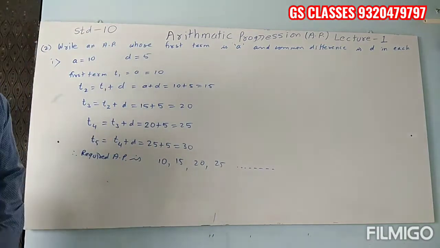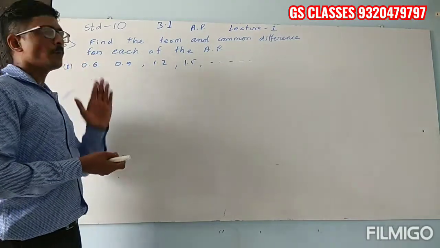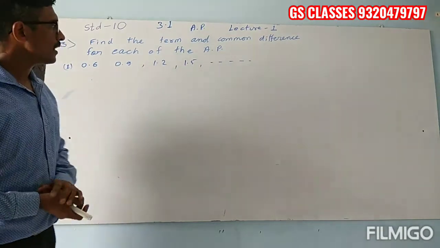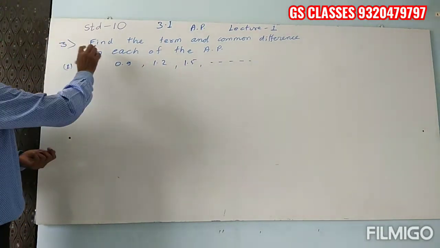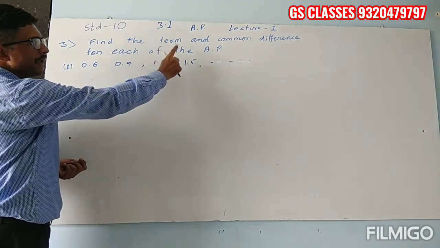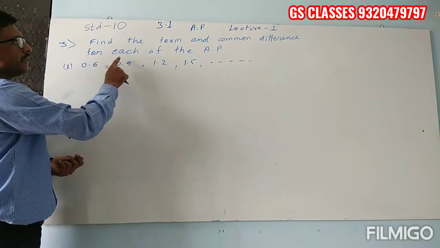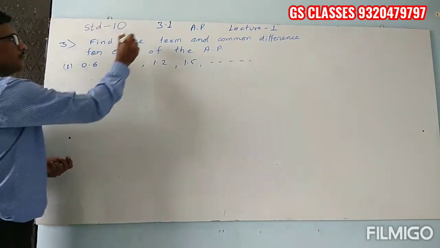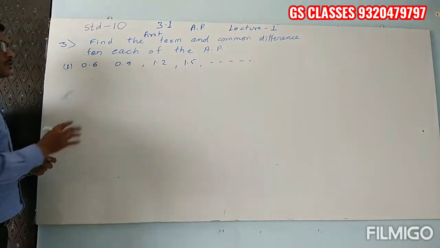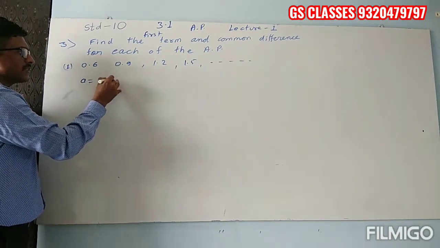So children, now we are doing third group of the questions of exercise 3.1. Children, here they are asking, find the first term and common difference for each of the following AP. So first term is always A and its value is 0.6.